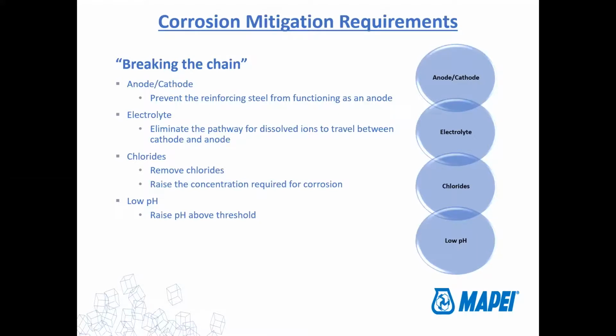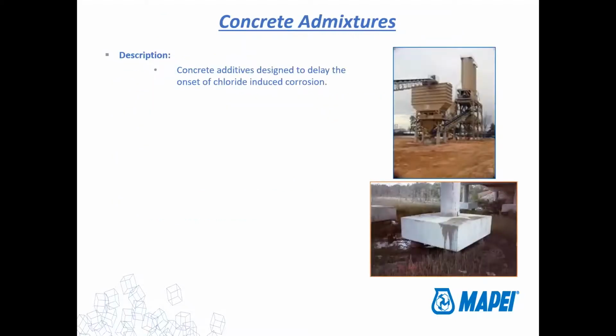So all of the products and technologies that we're going to run through in the next 15 minutes or so are going to, in some way, shape, or form, fit into one of these four categories of breaking this corrosion chain. The first way we do that is just simple concrete admixture. I work on the repair side of things, so pretty much all repair mortars anymore are going to say "with integral corrosion inhibitor."